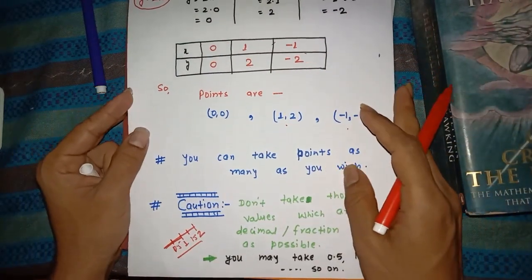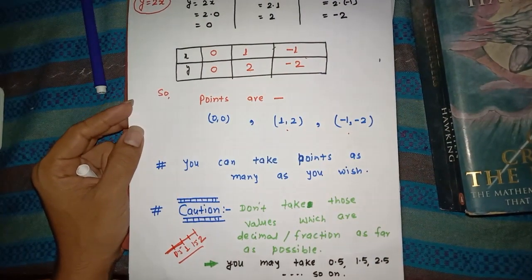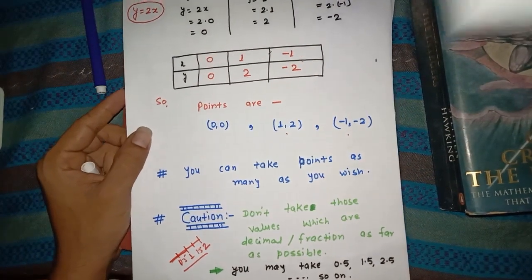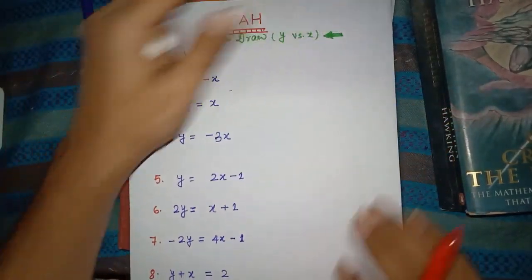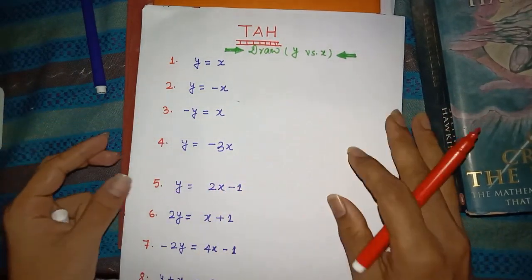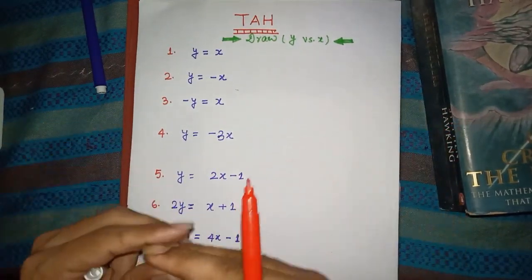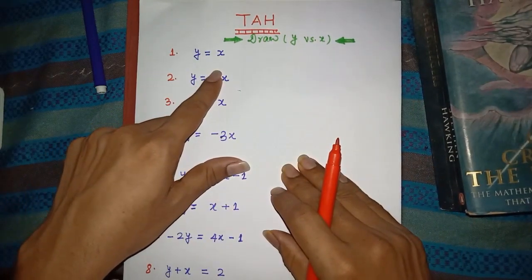So in this way you can take decimal values if they are multiples of half. Now you have understood how you can draw the graph. I am giving you some problems so that you can become familiar by drawing some graphs yourself. Here you have to draw the relationship between y and x.